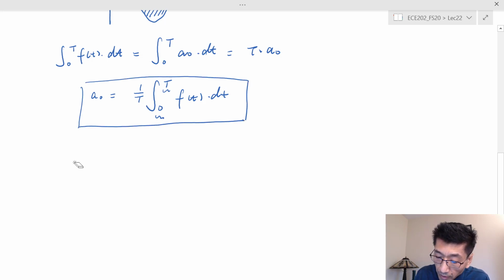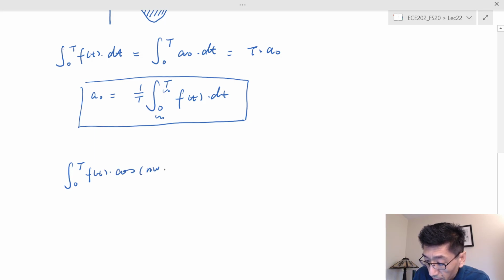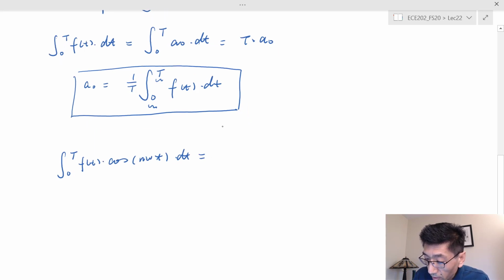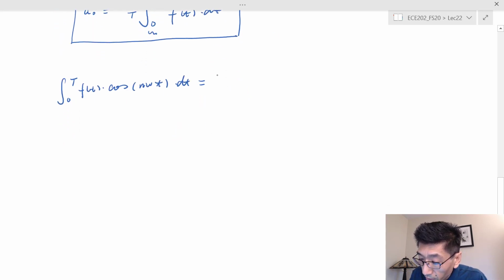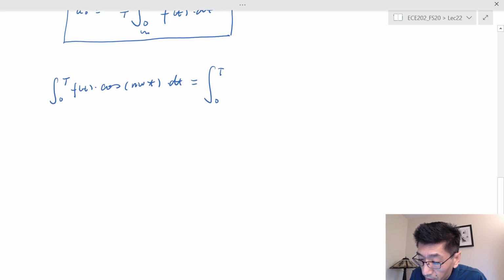Now let's find a sub n. I'm going to do the integral from 0 to T of f(t) cosine n omega t dt. Now I need to write these things out, so I'm going to substitute for f(t): from 0 to T, f(t) is just a0 plus the Fourier AC terms.